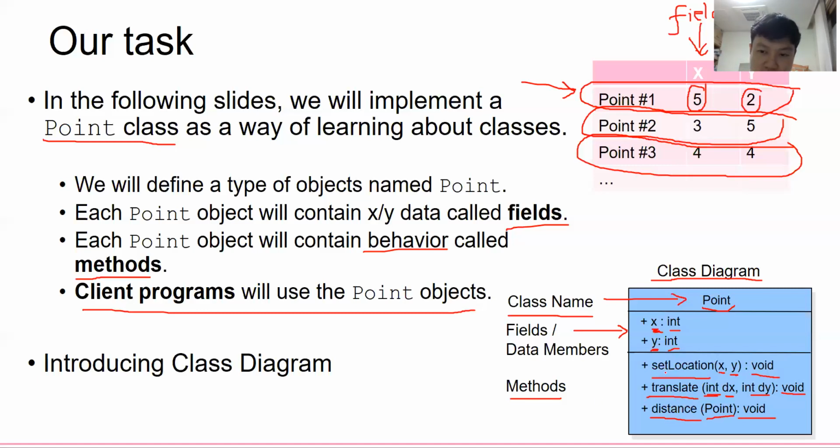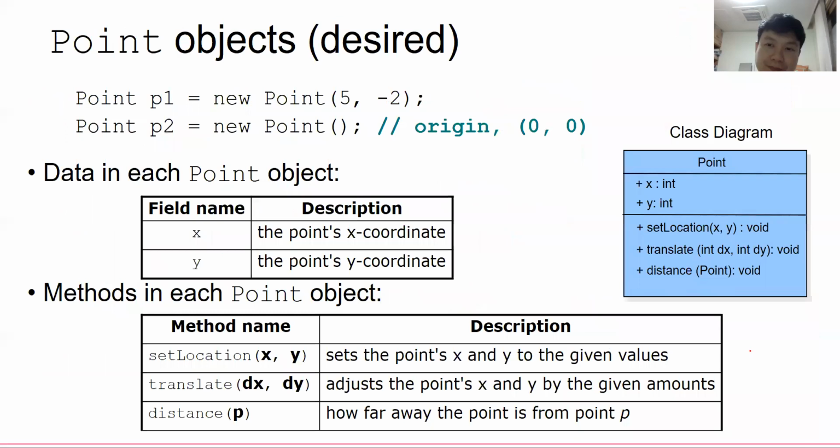So this is a class diagram, and when you work with this point, I have one object, and instead of using the parallel arrays, which we used before, where one variable is an array and the other variable is another array to indicate x and y, now I just use this one point.